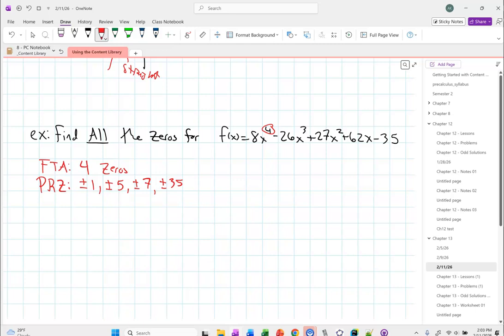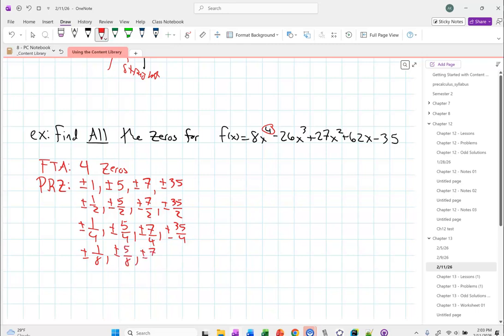So that's the factors of 7 over 1, and then over 2, and then over 4, and then over 8. Everybody's okay with that?